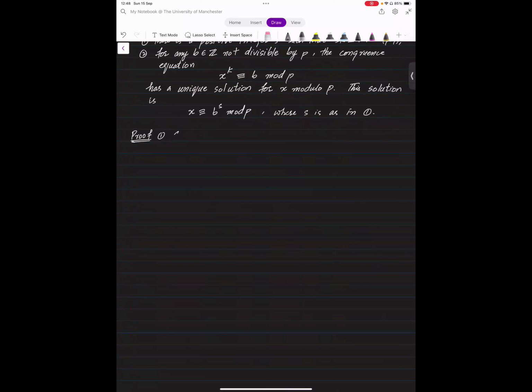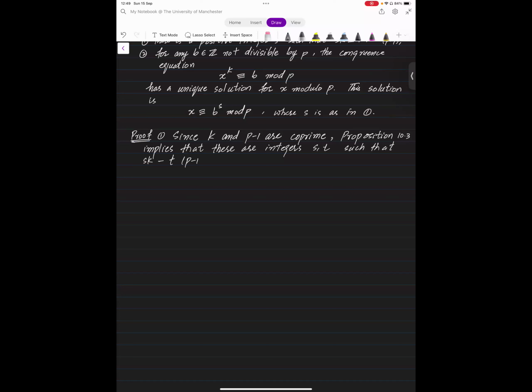Number 1. Since k and p minus 1 are coprime, Proposition 10.3 implies that there are integers s, t such that sk minus t into p minus 1 is 1.